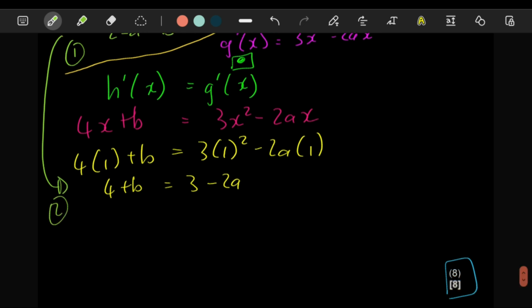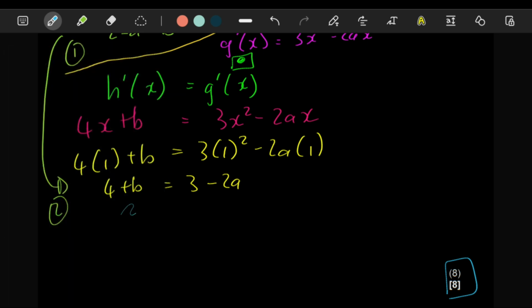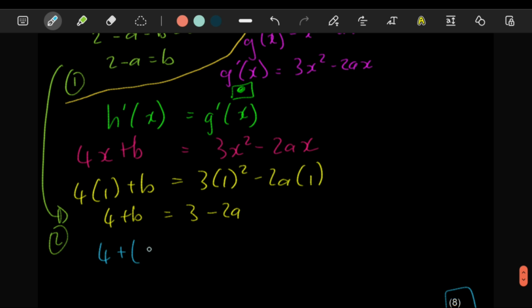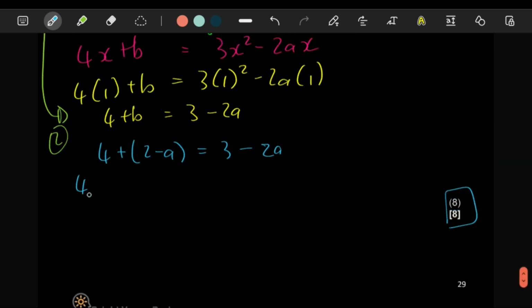This is equation 2, let's throw it in there. So carrying on, we're going to have 4 plus, let's throw the b value there, 2 minus a, and this is 3 minus 2a.